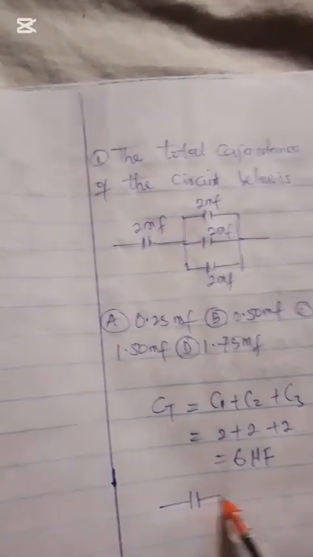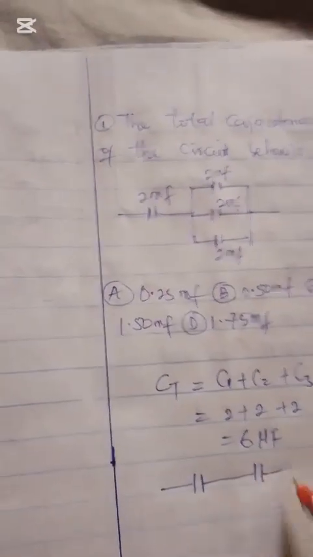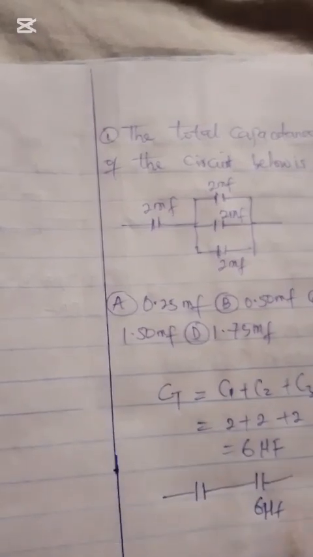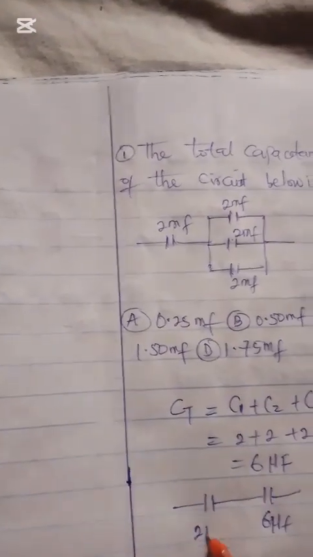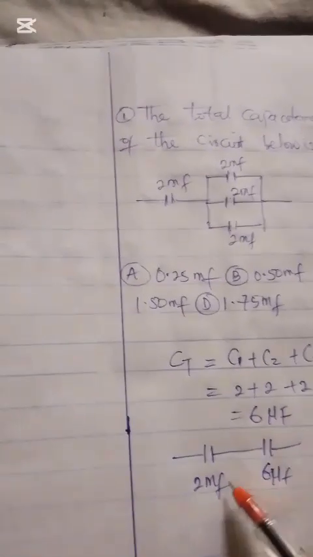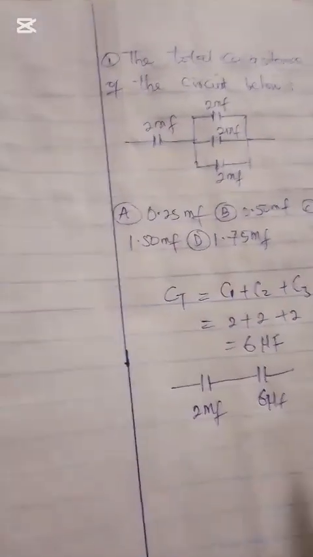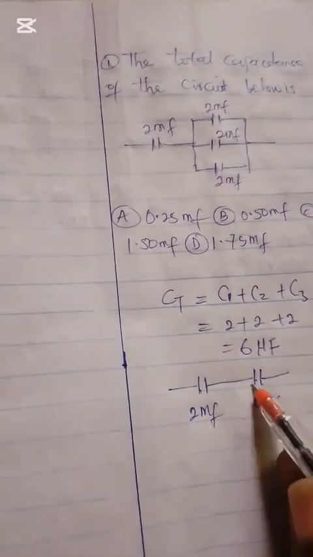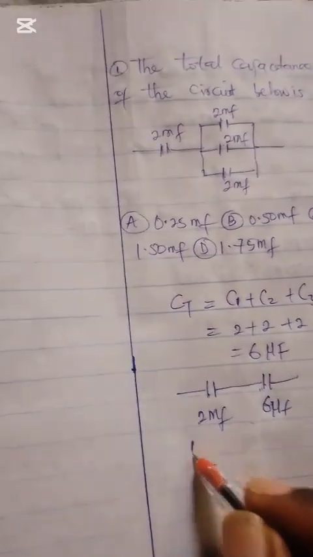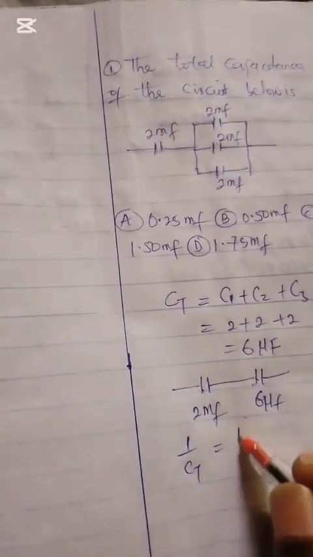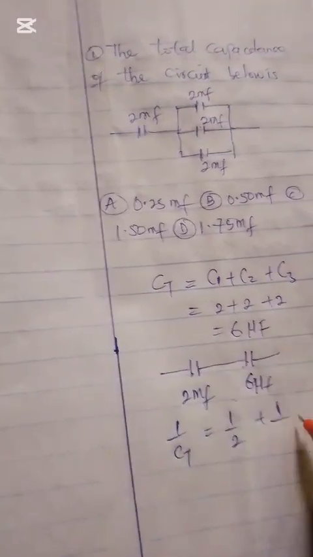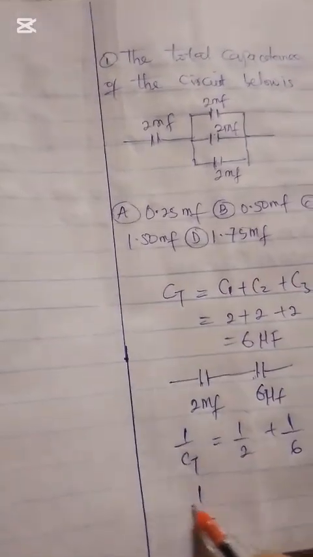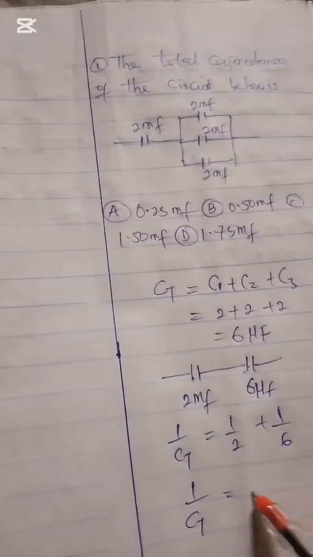Then if I redraw the diagram, I will have this. So here will be 6 microfarad because the total has given me 6. And here will now be 2 microfarad. Don't mind me, this means microfarad. So this is now in series with this. For the series, I am going to have 1 over Ct is equal to 1 over 2 plus 1 over 6. So 1 over Ct is equal to, what is the LCM?